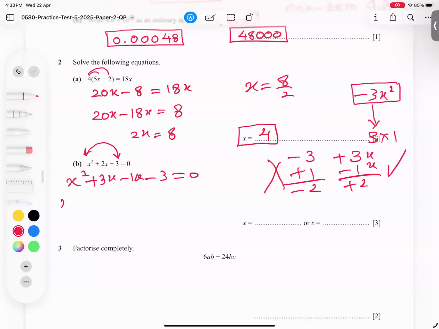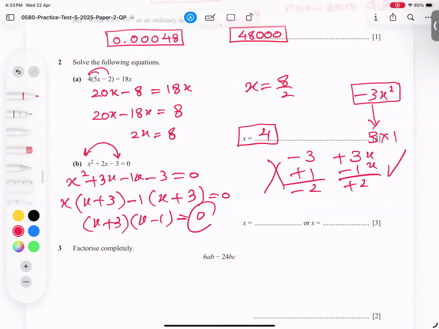From here x is common, I got x plus 3. From here, I must take negative 1 common. Nothing common means 1. So the brackets match. It means x plus 3 times x minus 1. And you know, students, whenever the product is 0, one time this is 0 and one time that is 0.